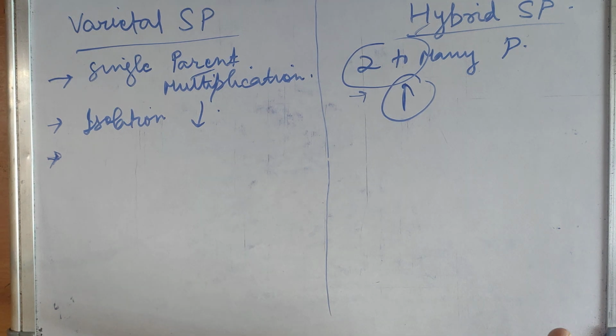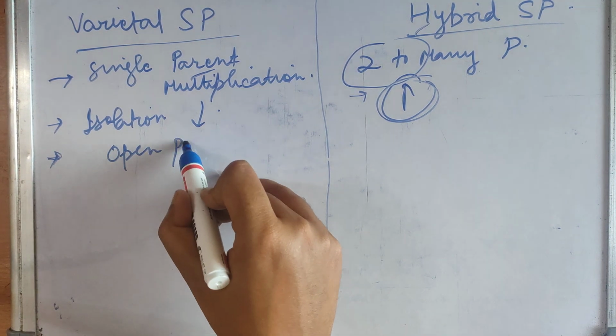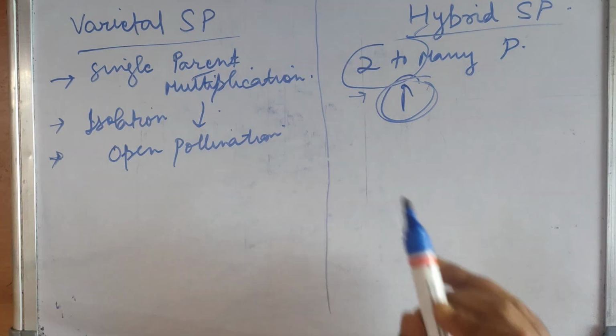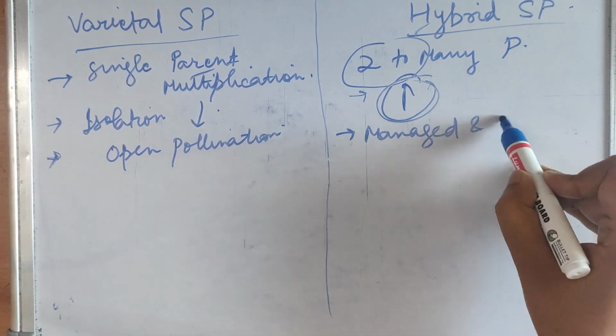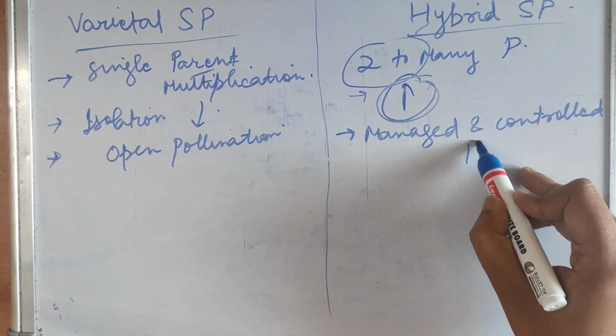So if there is less isolation distance, there will be chances of mixtures and contamination. In varietal production is done by open pollination. In hybrid, production is by managed and controlled pollination to avoid contamination.